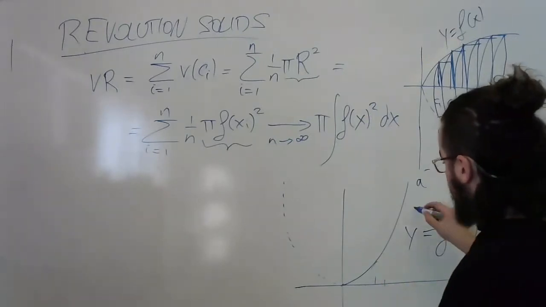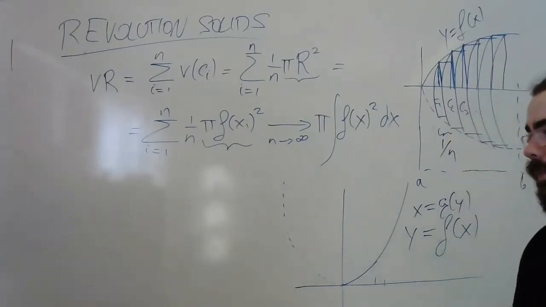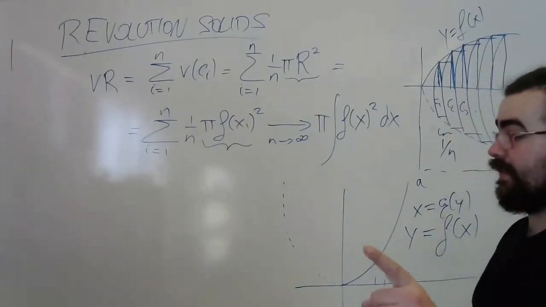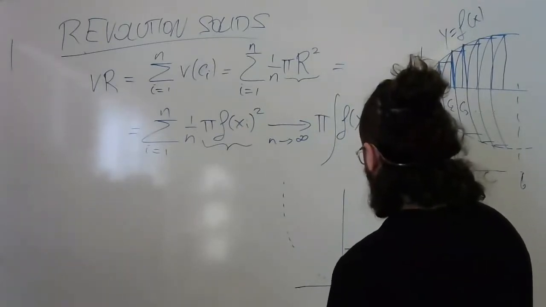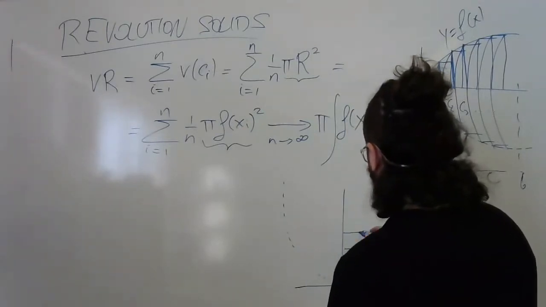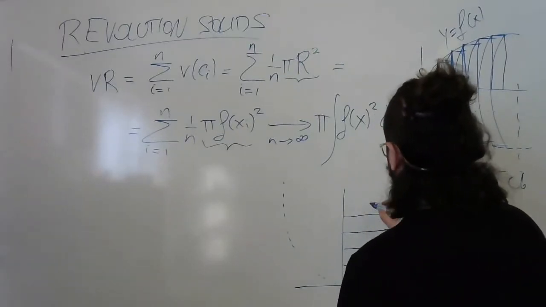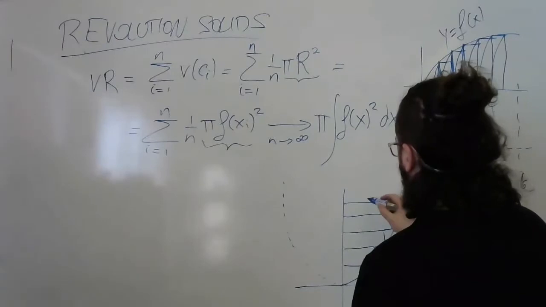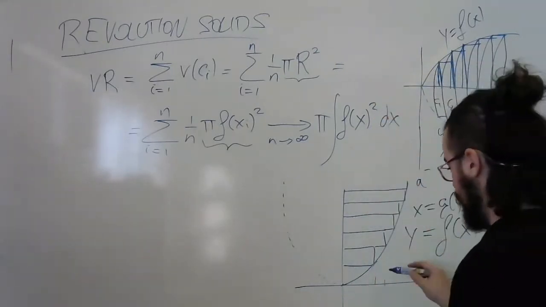So we can treat this as x equals g of y. We treat x as a function of y. We build our Riemann rectangles. And then we spin them.